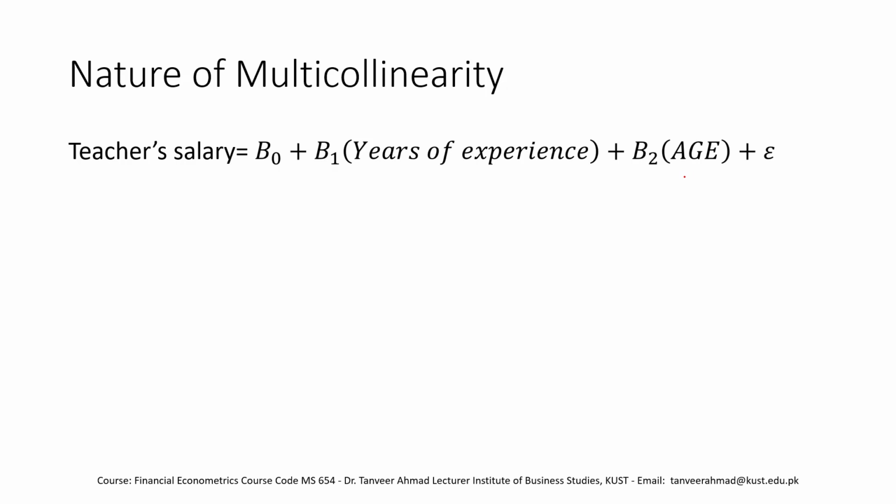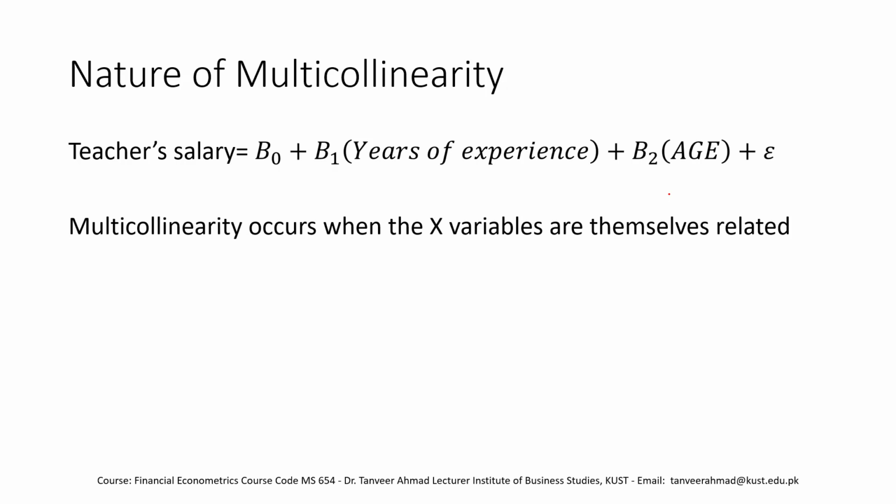Now, the basic definition of multicollinearity that we saw in the previous video was that when two independent variables, two explanatory variables, are correlated with one another, then we say that there is an issue of multicollinearity. So multicollinearity occurs when the x variables, by x variables we mean independent variables, are related themselves.